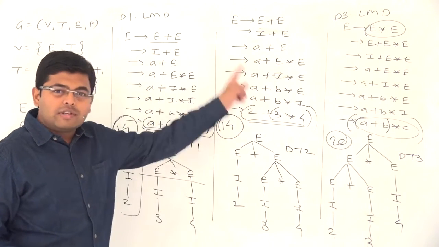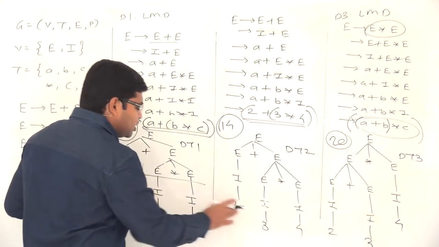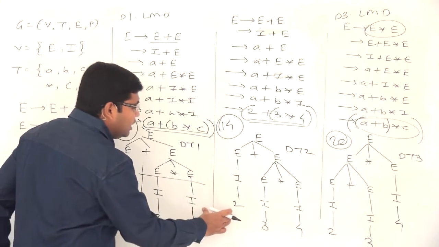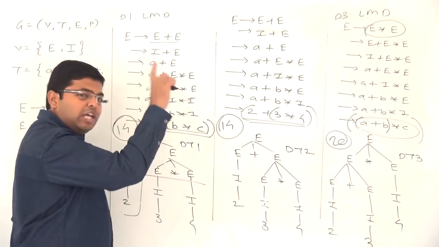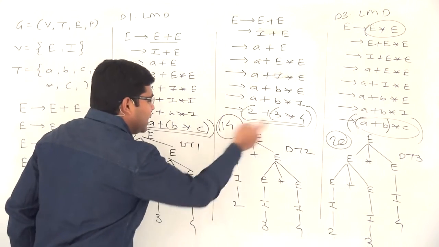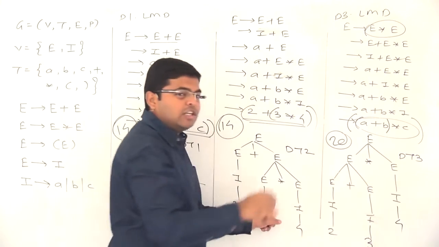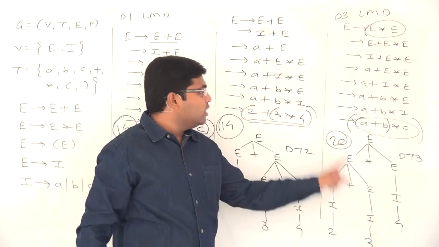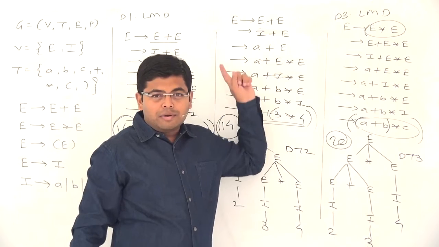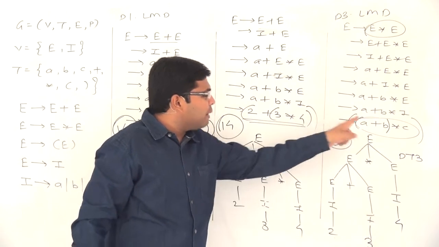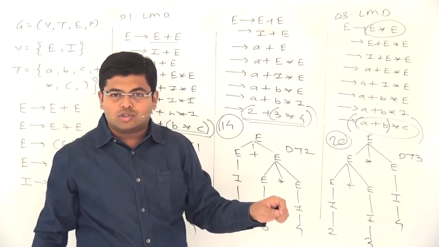So all these things are very similar. Same structure, same tree, same LMD, same RMD, same parenthesization, same value. Here different structures, different trees, different LMD, different RMD, different parenthesization, different values.